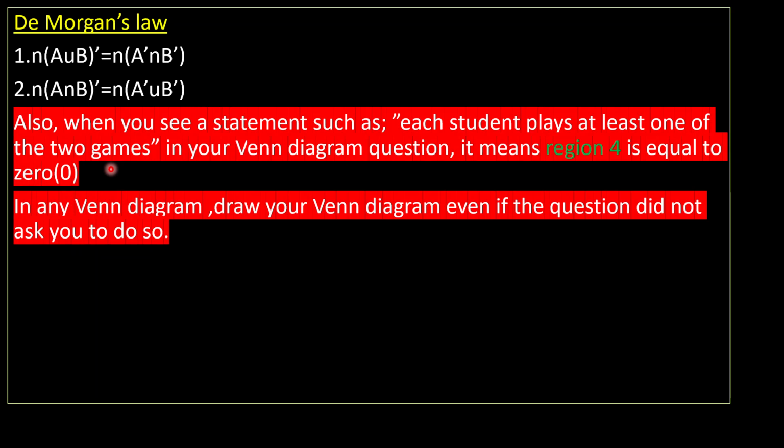The "at least" means region 4 is equal to 0 automatically. In any Venn diagram question, draw your Venn diagram even if the question did not tell you to do so.